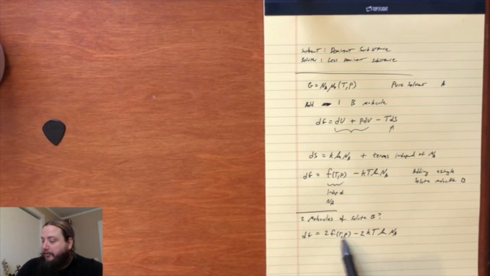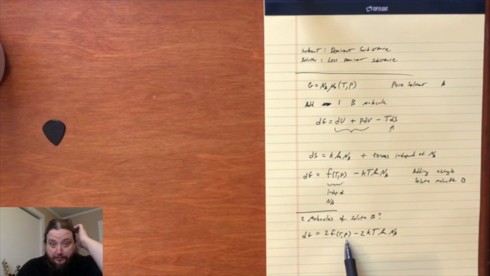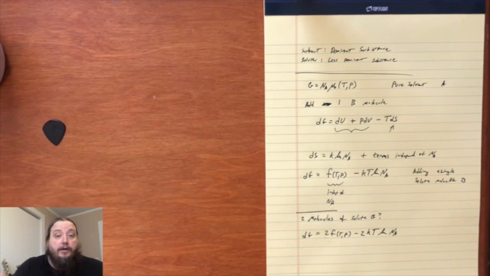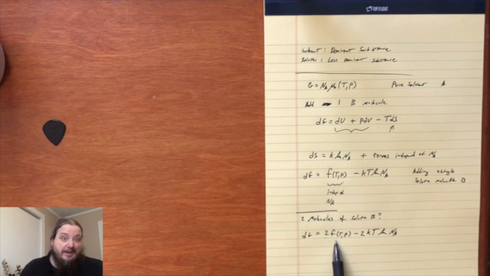It's just B1 interacting with its nearest neighbors and B2 over here interacting with its nearest neighbors. And so this interaction term, which has to do with the local interactions between our solvent molecules and solute molecules, will indeed just scale with the number of molecules.